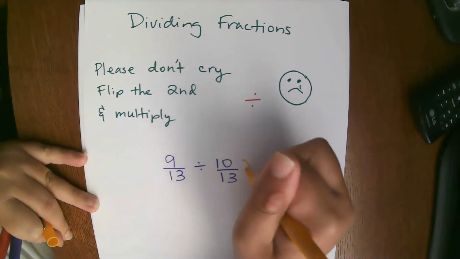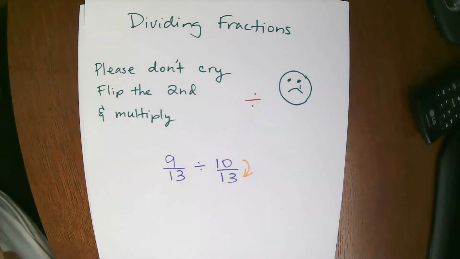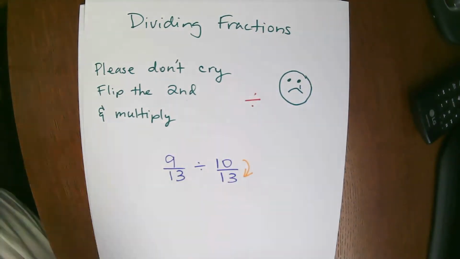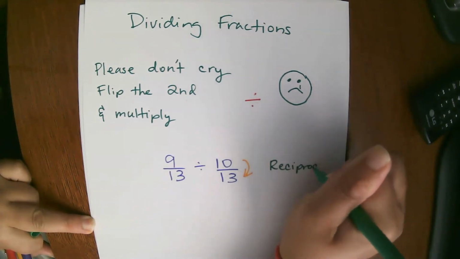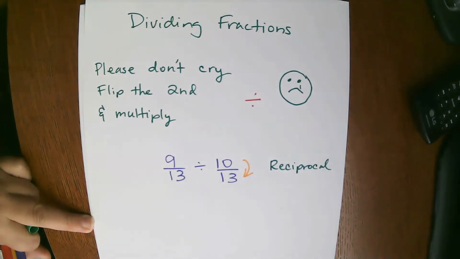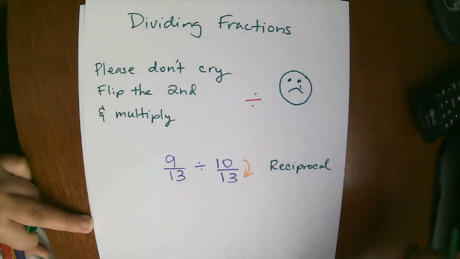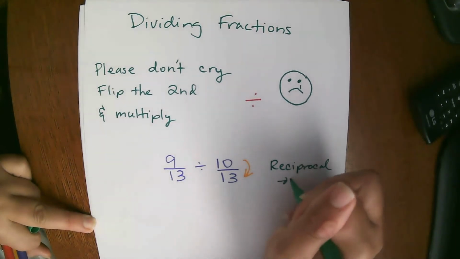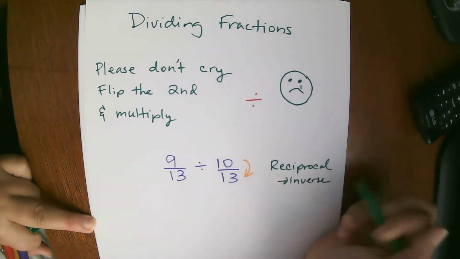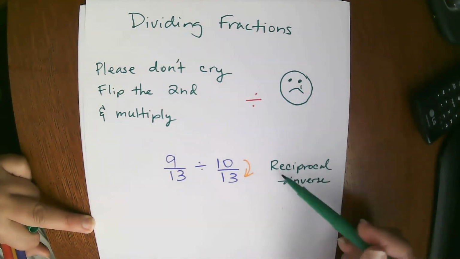And when we're dealing with fractions, when we're talking about flipping, that's called the reciprocal. Okay? So when we're flipping fractions, we're talking about the reciprocal. And that is really the inverse. So it's the inverse of a fraction, or the opposite of a fraction.